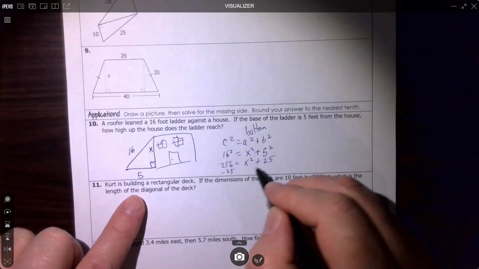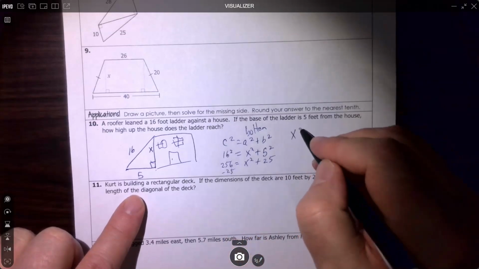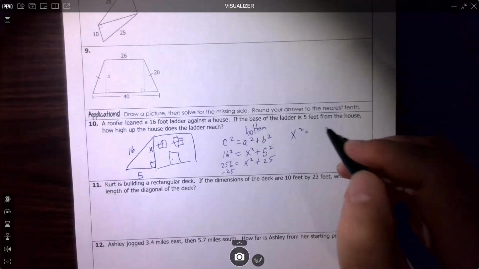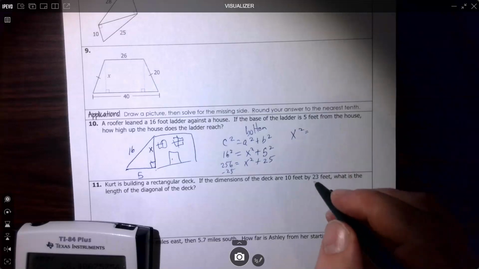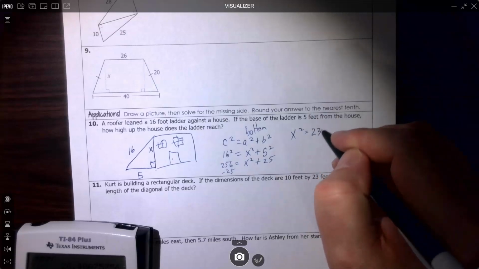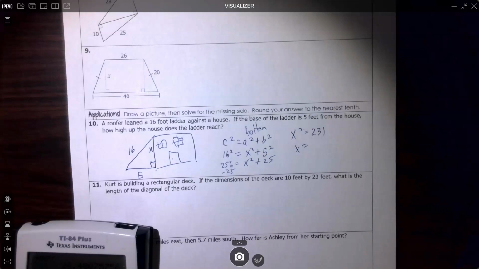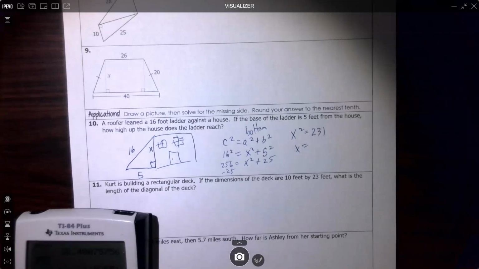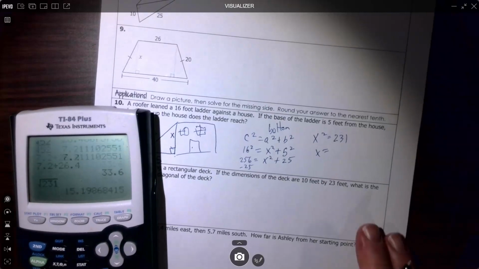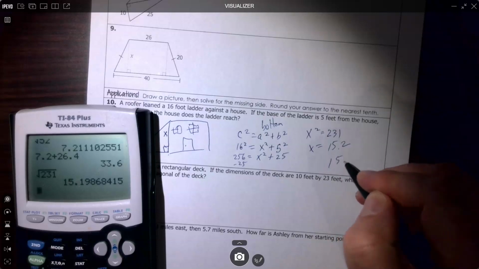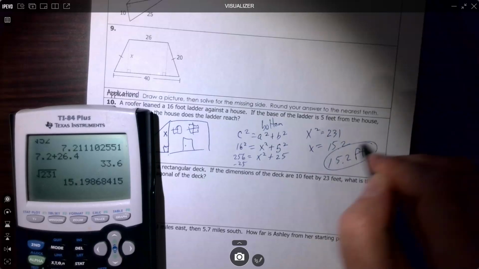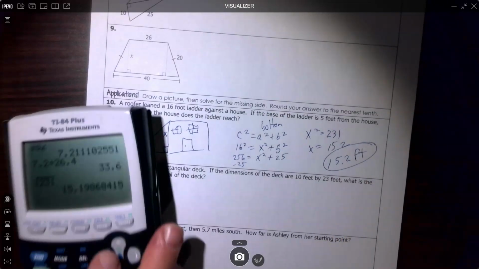Minus 25. So X squared is equal to, what is that? 231. Okay, so X is equal to, let's see, 15.2. Okay, so my answer is 15.2 feet. That's how high up the side of the house the ladder is sitting.